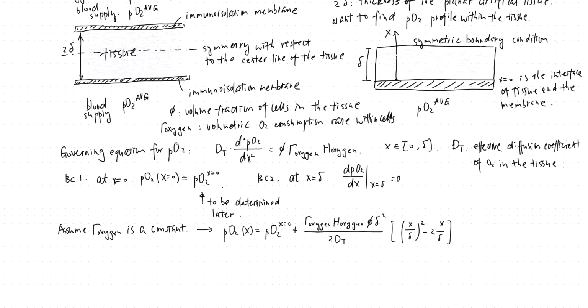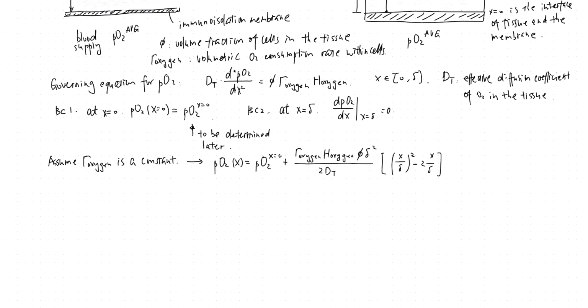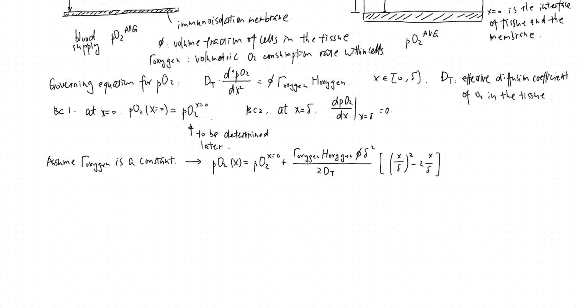Anyway, we need to determine the PO2 at x equal to 0, and from what we did in the past for spherical tissue, what we used was what transferred into the tissue. And then we are going to use something similar. And then we are going to think about what goes through the membrane.